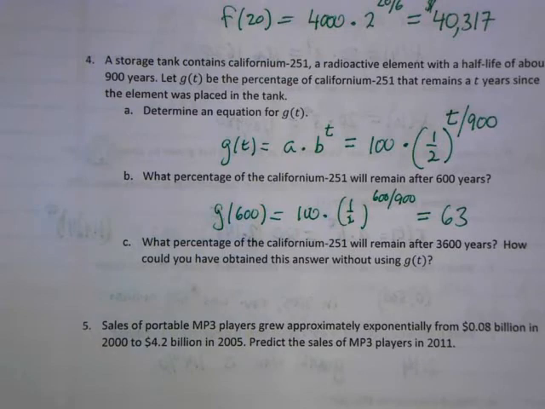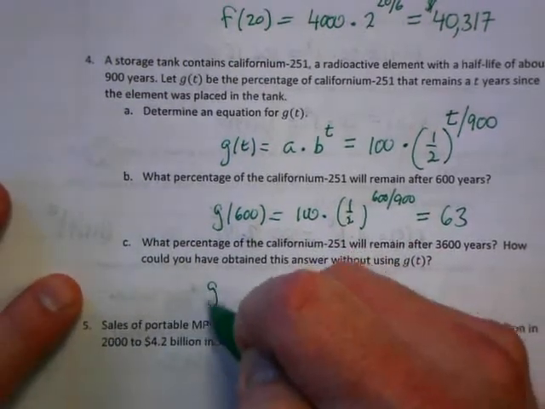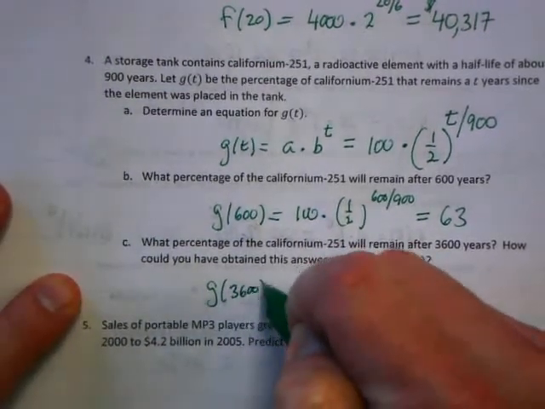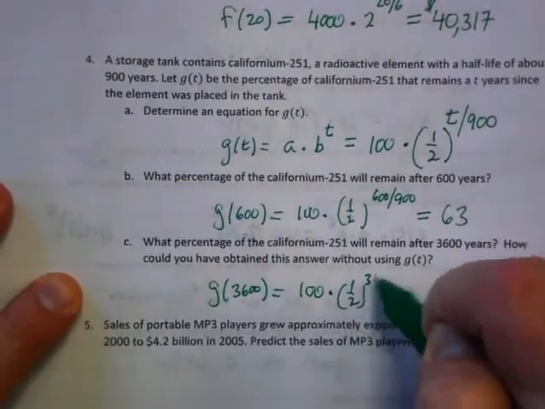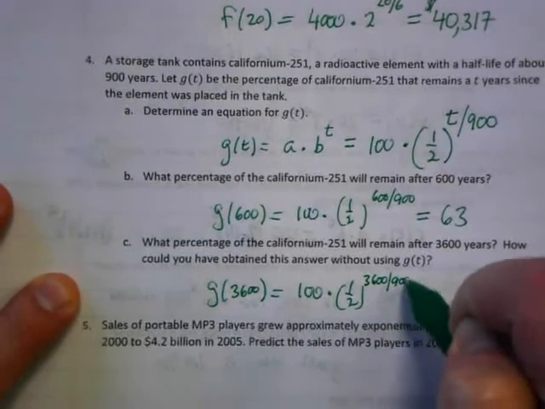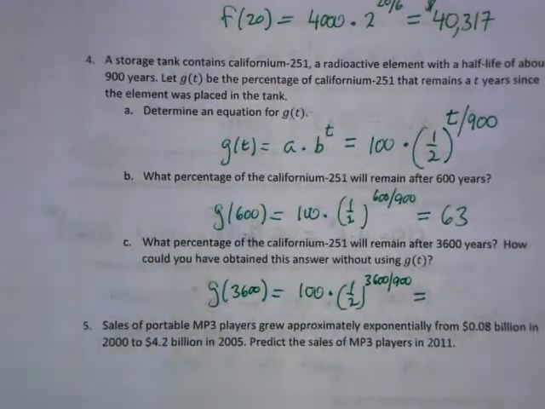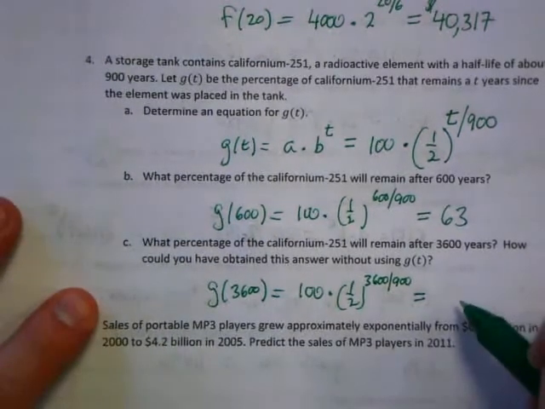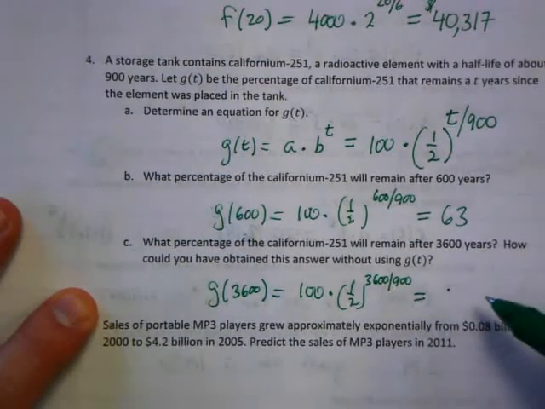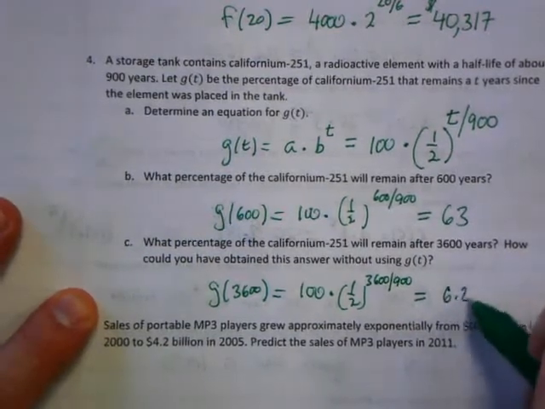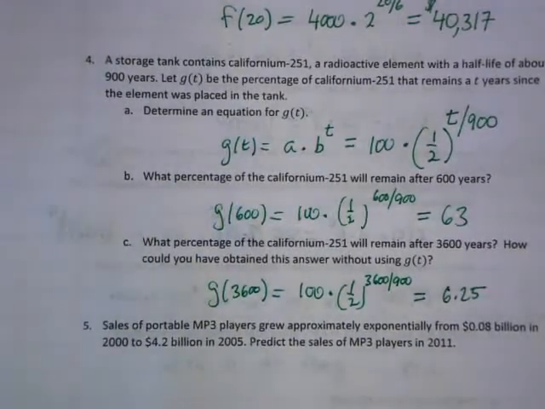And what percentage of the californium will remain after 3,600 years? You plug in 3,600. You have 100 times 1/2 to the 3,600 over 900. And you get 6.25. So after 3,600 years, only 6% remains.